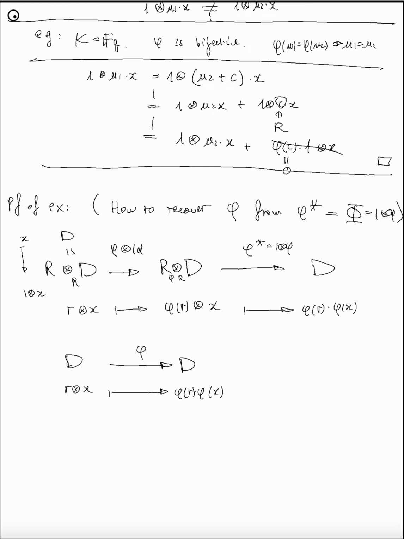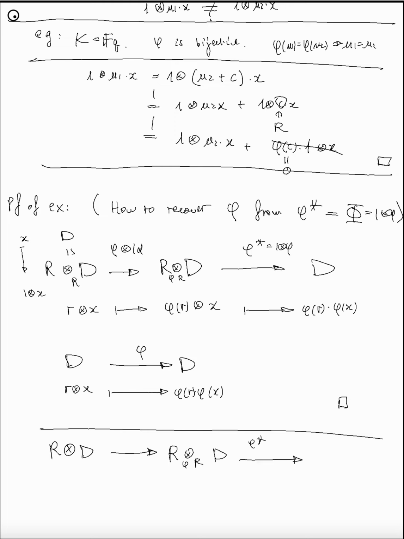Okay, so let's even check this. Actually that's already good. Okay, let's just do some small computations to help you better understand this. So let's look at our construction. We start with r tensor x. Let's say you multiply by mu, then this is mapped to phi(mu) phi(r) and then x.